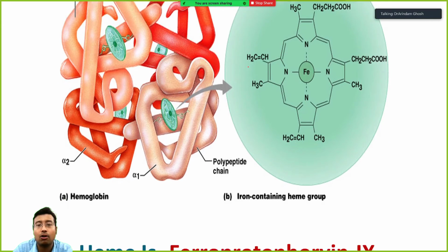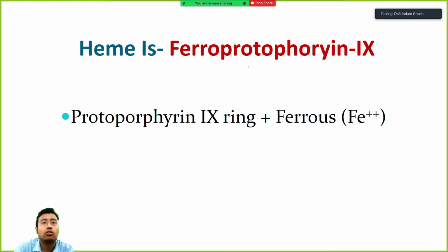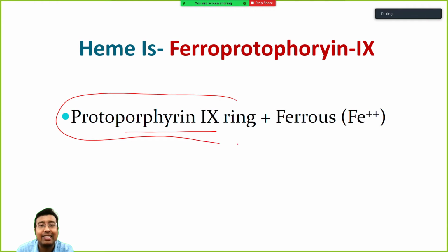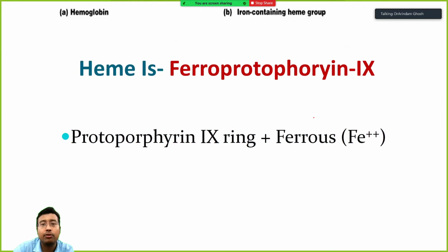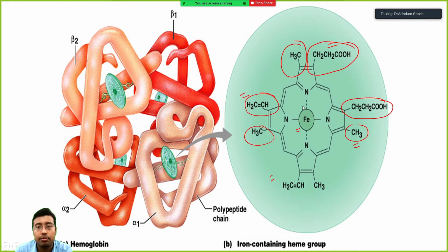So these are all the side chains. A protoporphyrin 9 ring, this term will be clear when we discuss heme synthesis. Just now know this, since heme is a ferroprotoporphyrin 9, it has a protoporphyrin 9 ring and an iron group. If you omit this iron group, this is the protoporphyrin 9 ring.